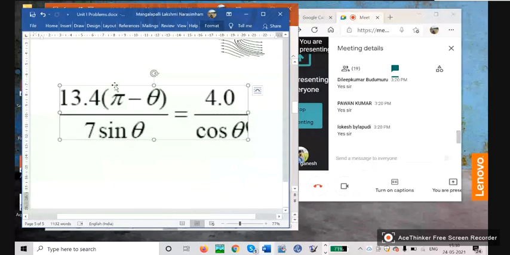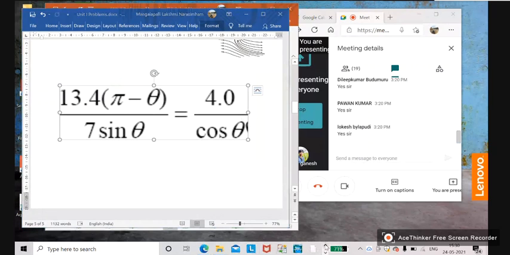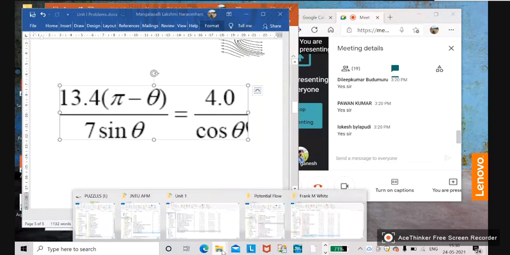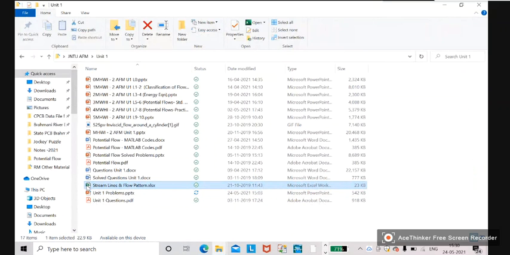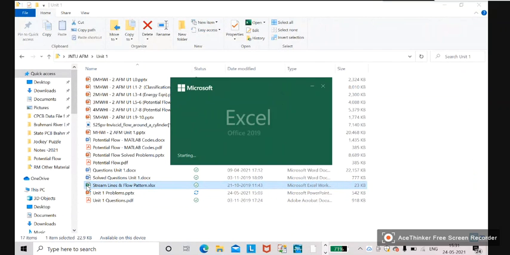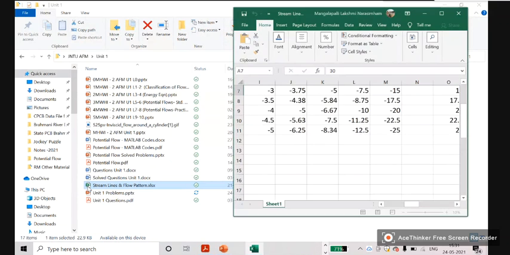How to solve this equation? So this equation can be solved... I don't know where it is, but I will show you.